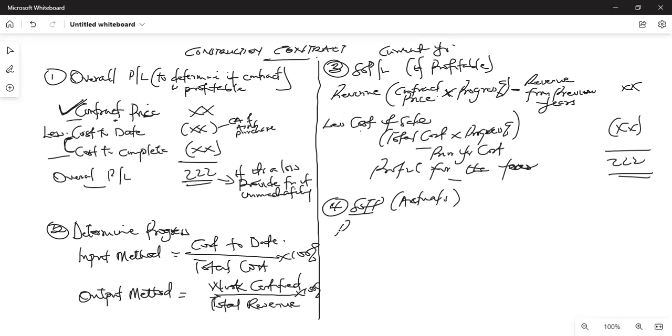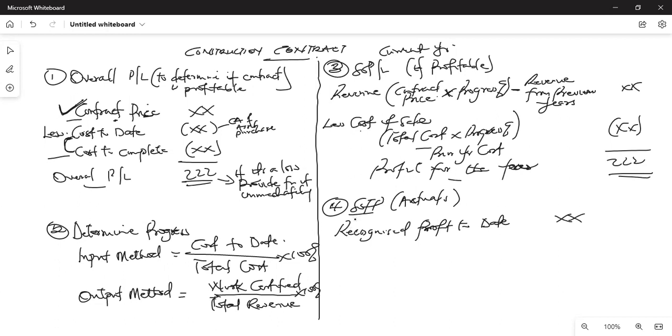So you have to bring in your recognized profit to date. Remember, balance sheet items are cumulative, SOFP items are cumulative. So this one is like retained earnings.